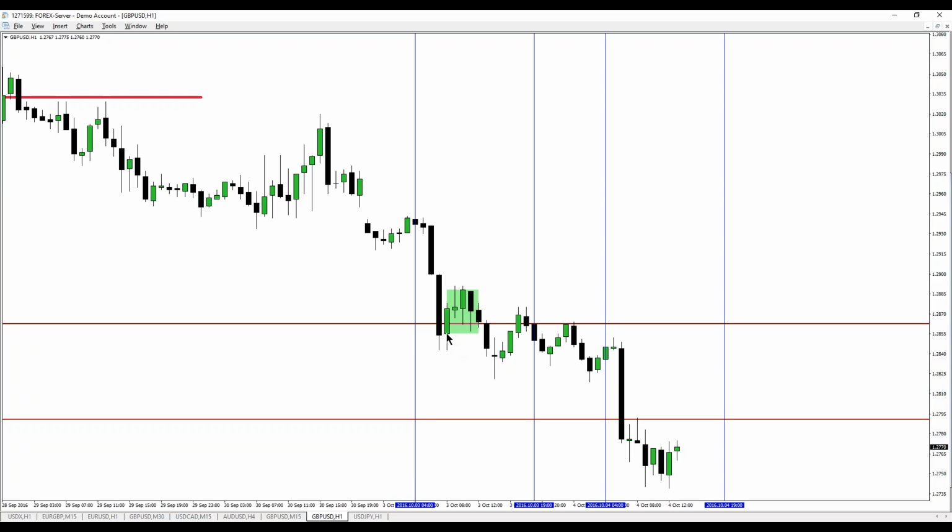It's the body of the candle here to the body of the candle here. That's the bulk of the volume. If we take that and define it with a fib, you can see price goes right up into equilibrium.